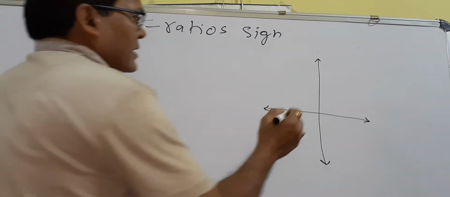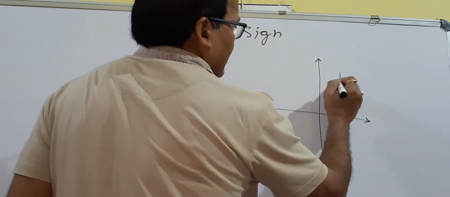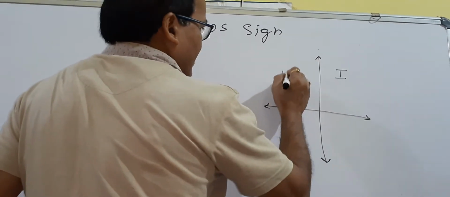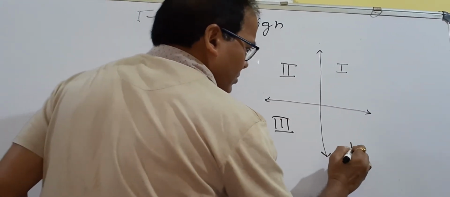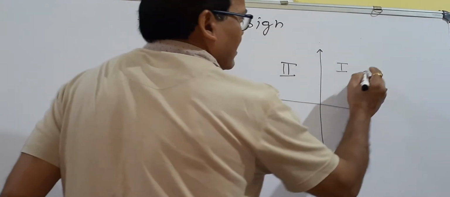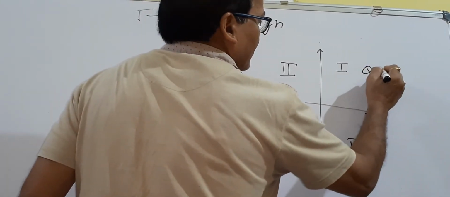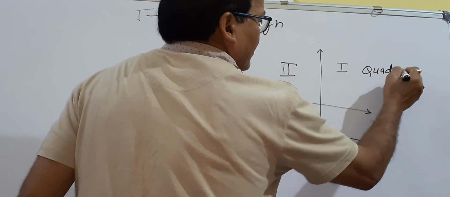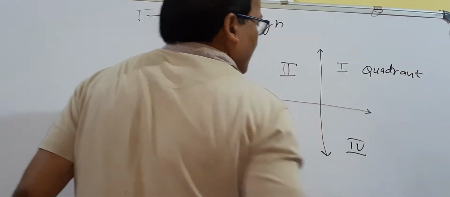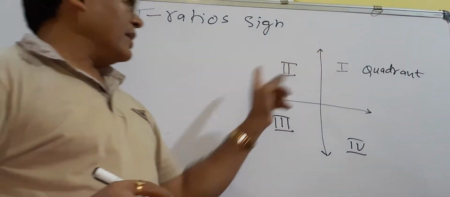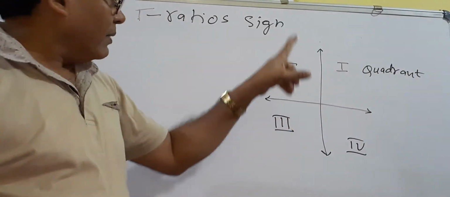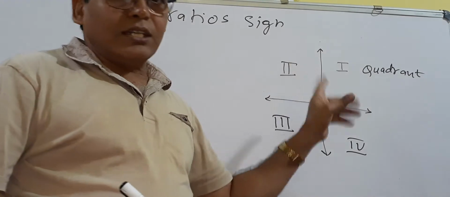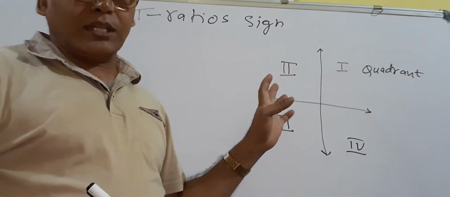The first one is known as the first quadrant, second quadrant, third quadrant, and fourth quadrant.